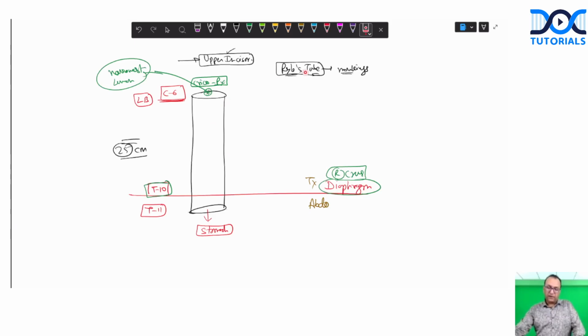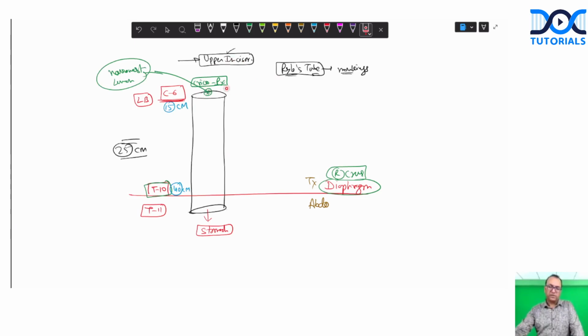If you are calculating for the Ryle's tube, as you enter the beginning of the esophagus, where you have the narrowest lumen, it is 15 centimeter from the upper incisor. And as you pass through the diaphragm, it is 40 centimeter. So the Ryle's tube has markings calculated from the upper incisor. At 15 centimeter it tells you that you are about to enter the esophagus.